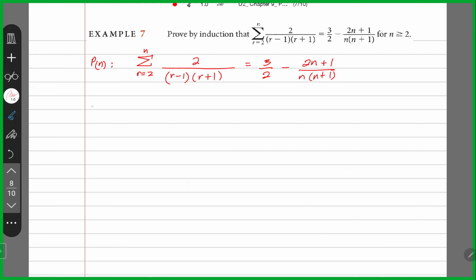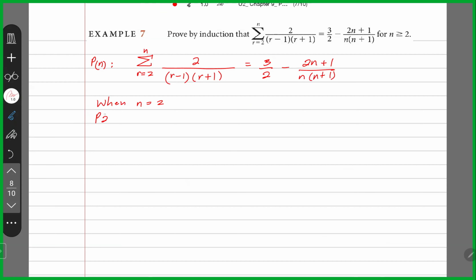All right, so let's go through the 4 PMI steps. Step 1 is to prove that the statement is true for n equals 1. In this case, we're going to prove that the statement is true for n equals 2.